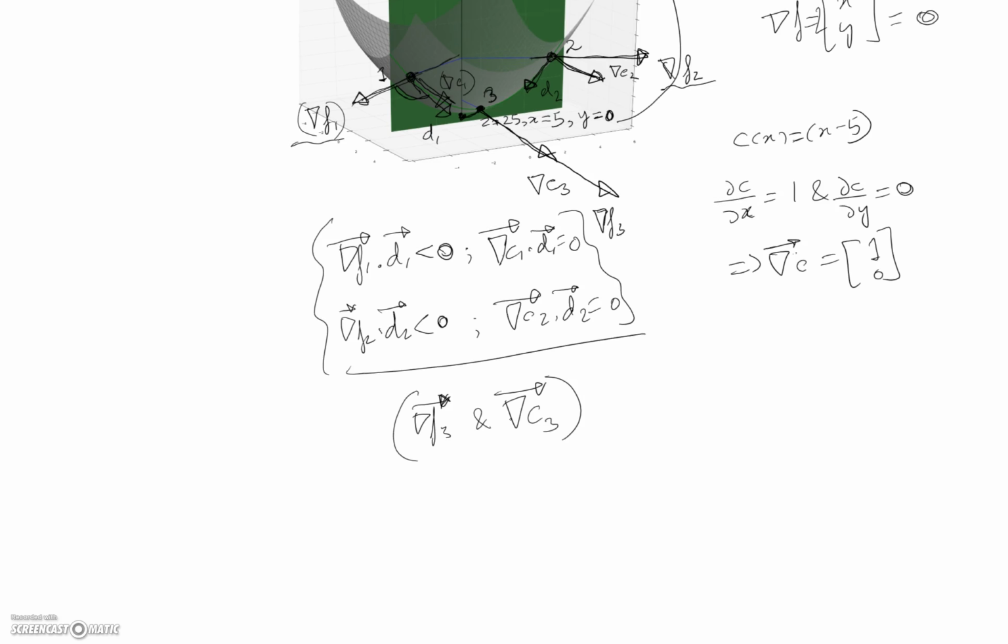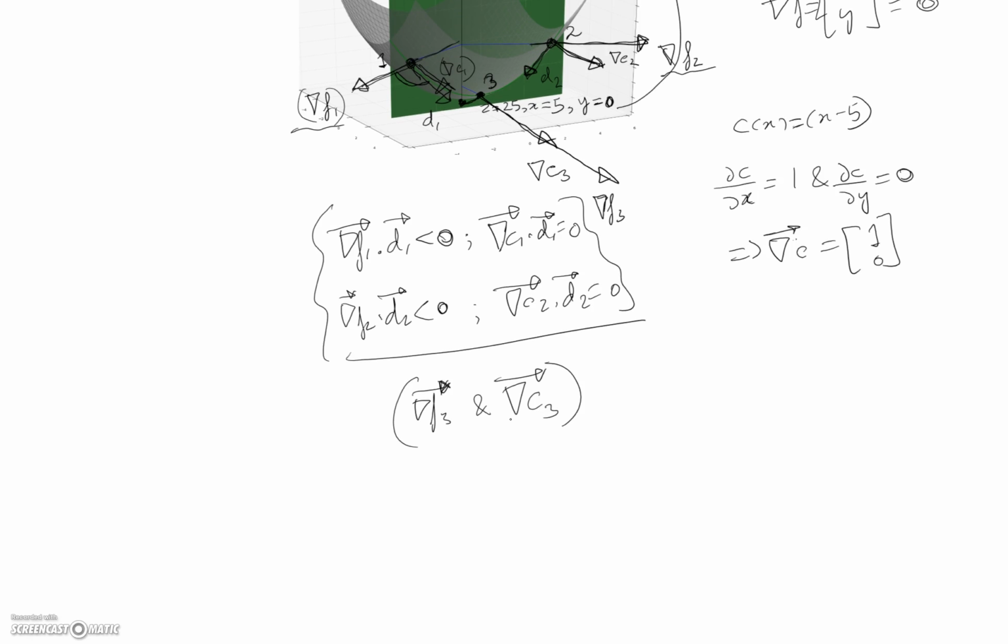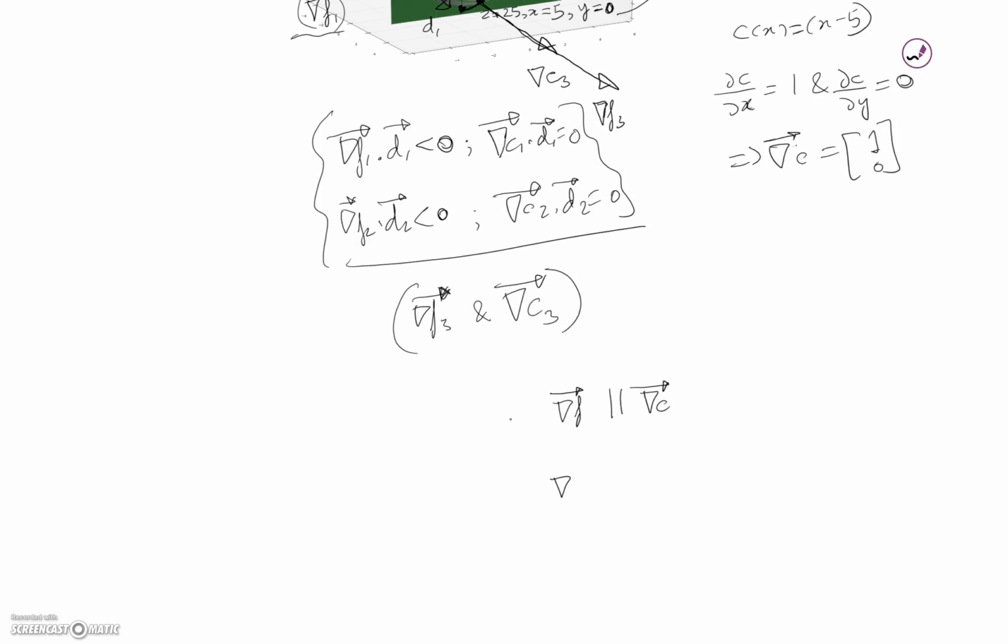So that's the reason that for constraint optimization, all we need is that the gradient of the function should be parallel to the gradient of the constraint. And another way of saying that is that the gradient of the function should be some constant multiple, which can be positive or negative, of the gradient of the constraint.